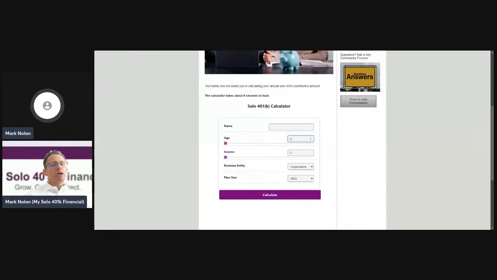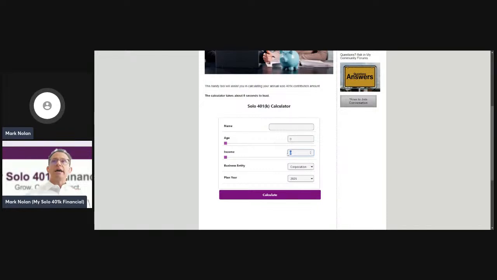In future webinars, we will do a presentation regarding catch-up contributions, which again would need to be applied to the pre-tax solo 401k bucket or the Roth solo 401k bucket, not to the voluntary after-tax solo 401k bucket.